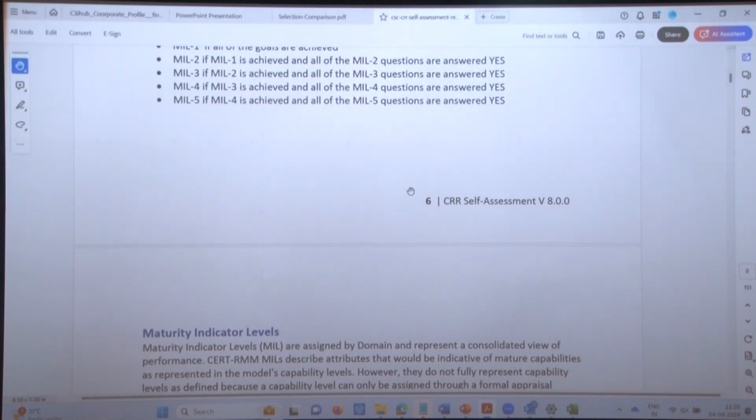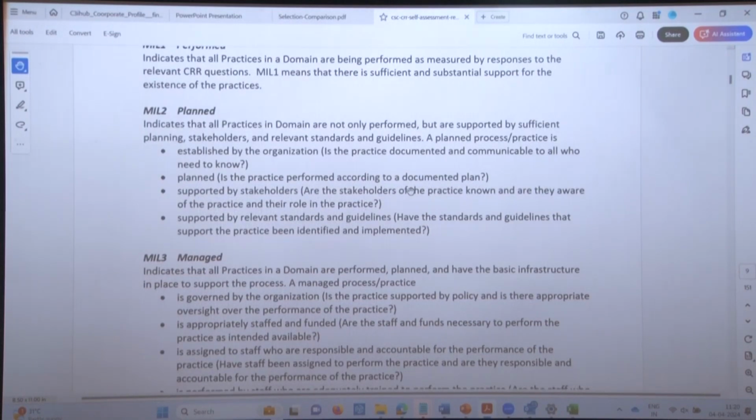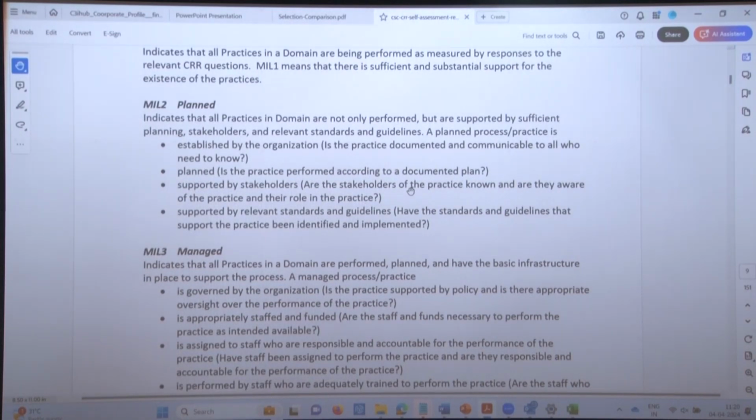So what are those questions? Here you will get the hints of what questions are being asked. We are saying, okay, you are performing everything, but have you documented the practices and communicated to all who need to know?